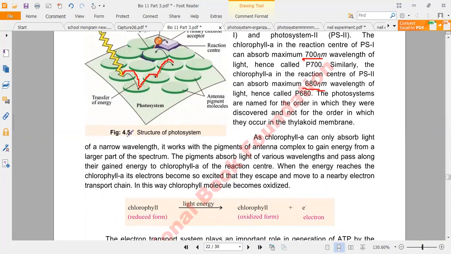So what happens is, this chlorophyll A absorbs light in a narrow wavelength range. Other pigments absorb different wavelengths of light, and together they give energy to that chlorophyll A, from which the electron gets excited, leaves its place and jumps to the primary electron acceptor.